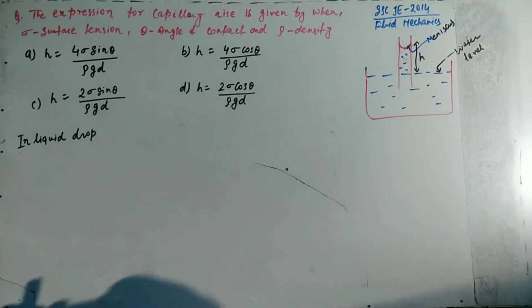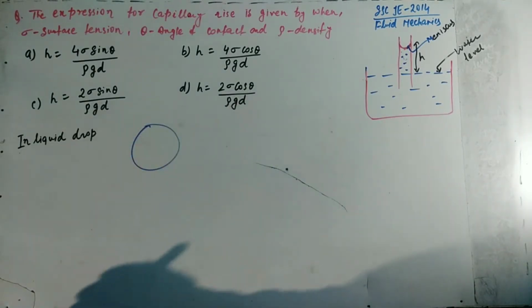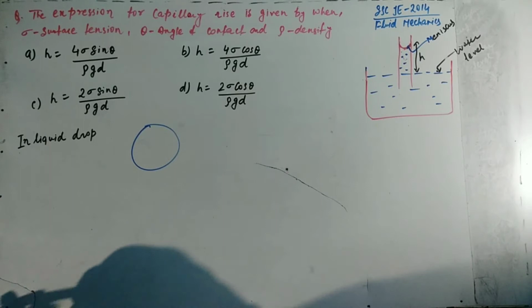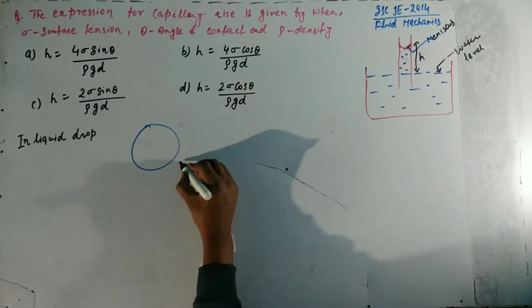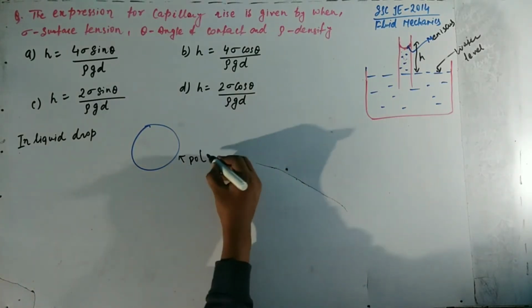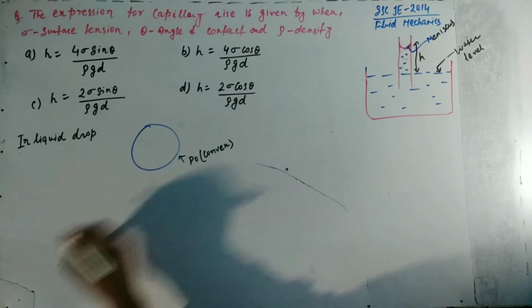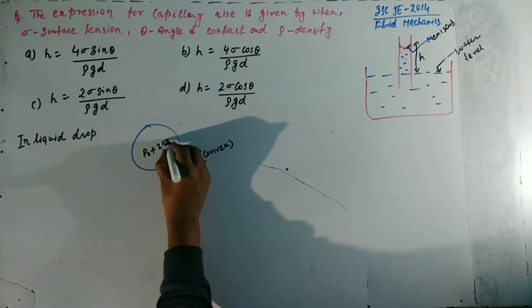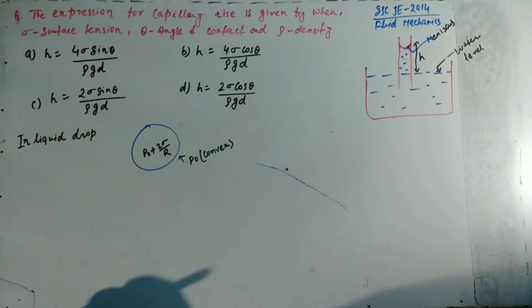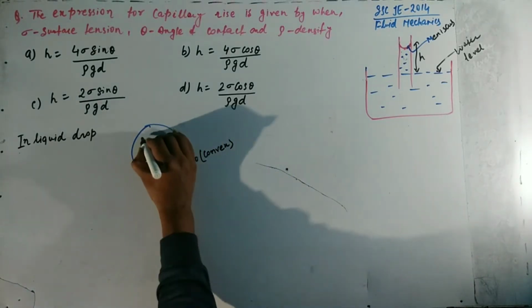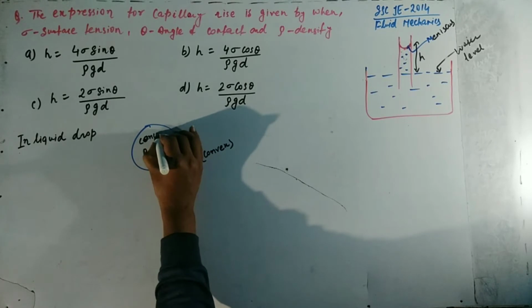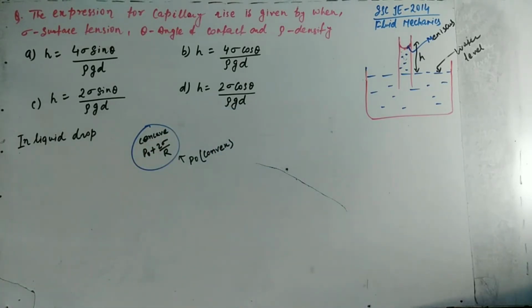Now in the liquid drop, the outside pressure is P naught, the convex pressure, and inside the liquid drop the pressure will be P naught plus 2 sigma by R, and this side is called the concave side.